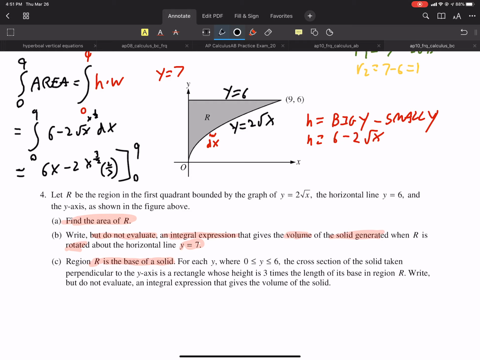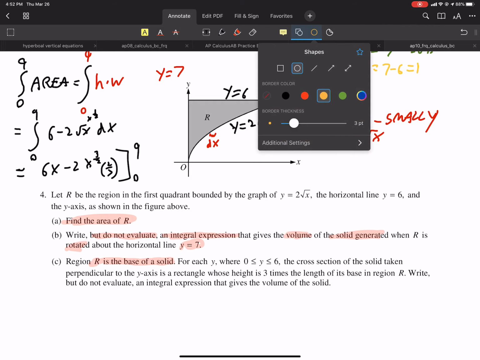So, region R is the floor of a building. Kind of a weird shaped building. Most buildings are more square or rectangular, but that'd be kind of a cool room. So that's the floor. And on this floor, you're building rectangles on top. It's going to be kind of weird to write this, but we are going perpendicular to the y-axis. So I'm going to take one slice. If you were to slice this building, can I do this? Oh, I can't do slanted rectangles. I'm sad. I'm going to have to freehand this.